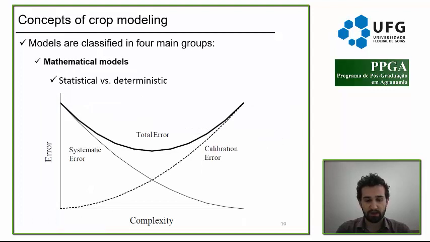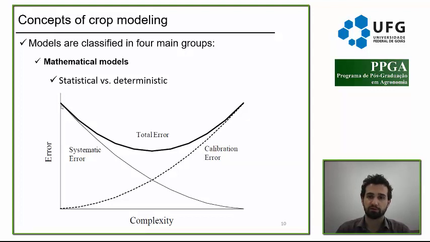So here you can see that, based on the complexity of the model, I have an error in the predicted variable that I want to analyze. For example, in a statistical model, I have very low complexity, and in this case the systematic error is the main component and is very high because I'm not representing our system very well.